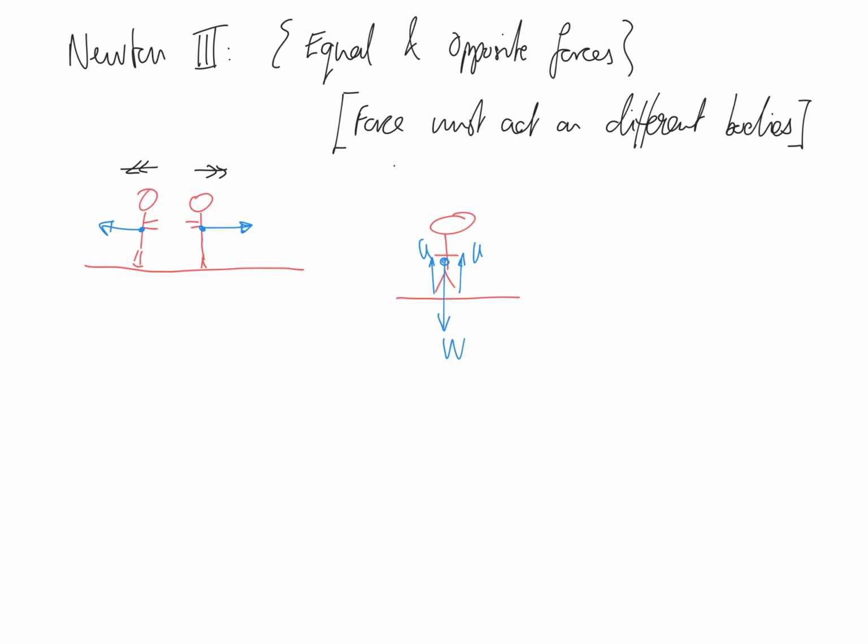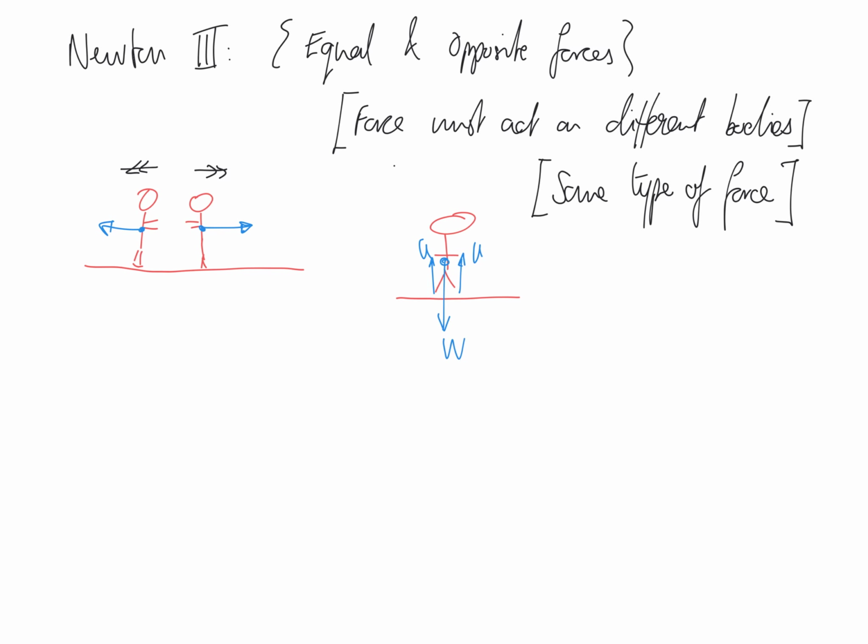And the last point you need to state is that it must be of the same type of force. So if this is a weight, then the equal and opposite force must be a weight type or gravity force as well, and those are definitely not gravity forces.